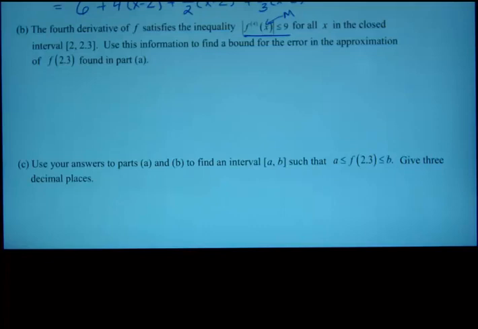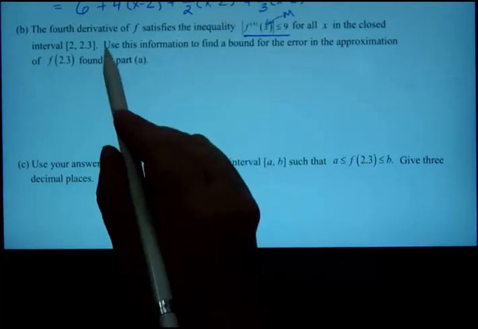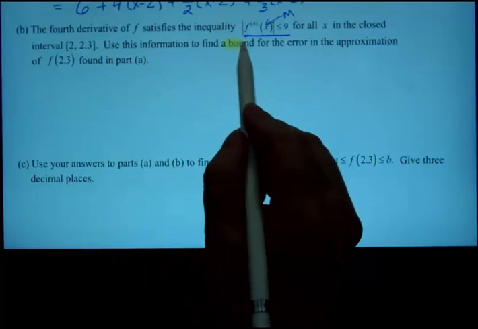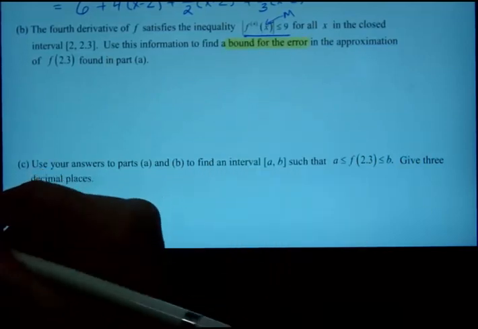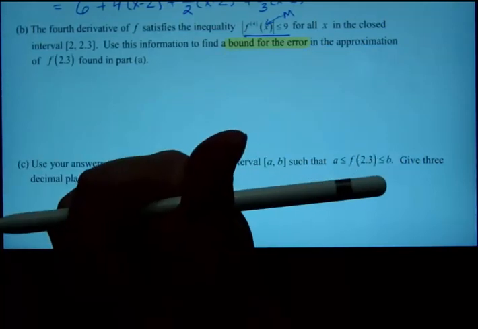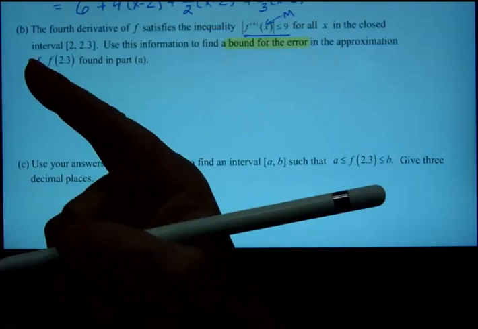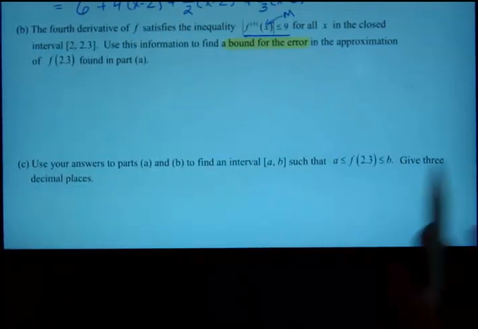So now all I have to do is plug the m into that error bound formula and use it. Then it says, use this information to find a bound for the error. Remember I told you they're going to come right out and tell you to use an error bound. If it says error bound, you can either use the alternating series rule or you can use Lagrange. Now, go back to the problem we just wrote out right here. Can you see it? Or am I up too high?